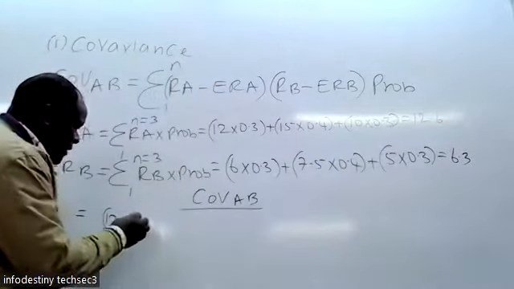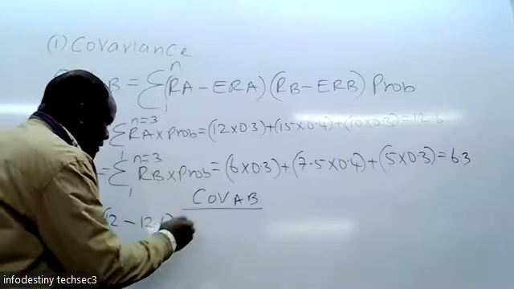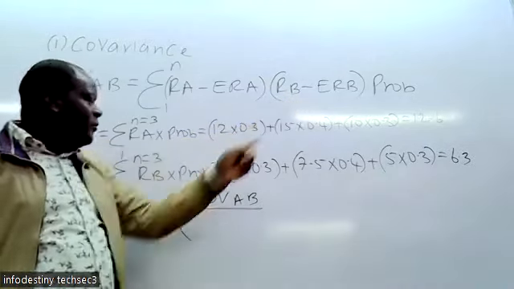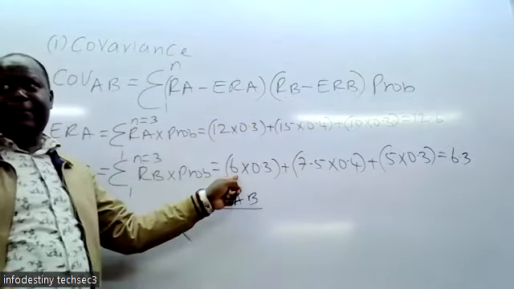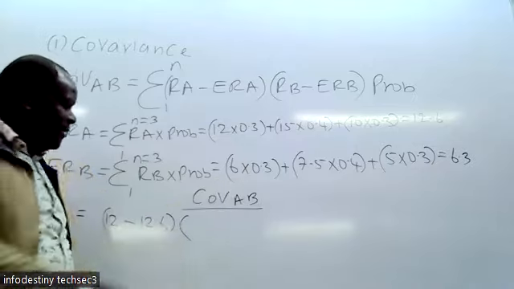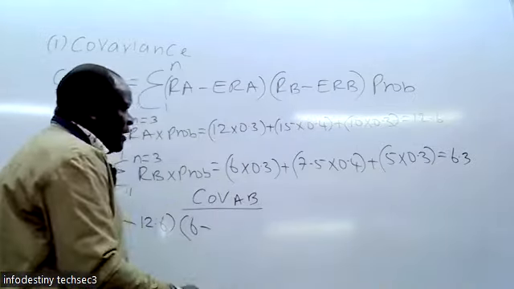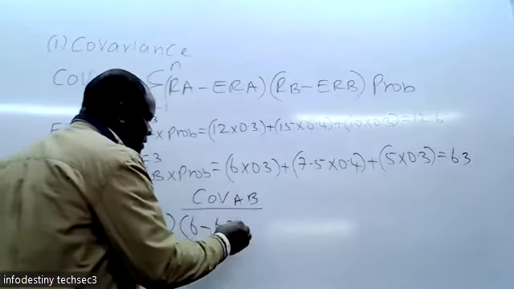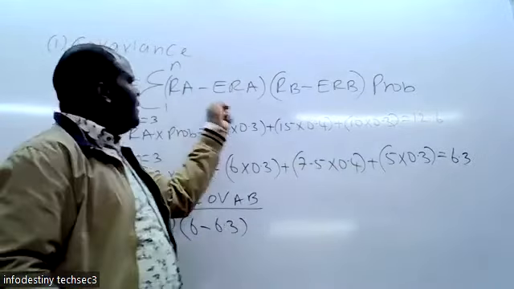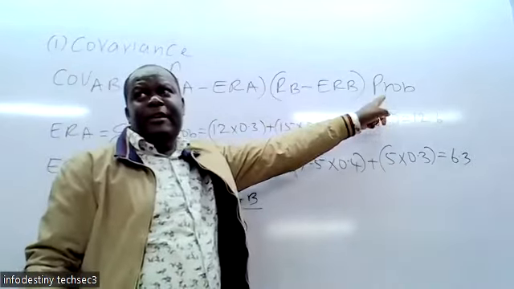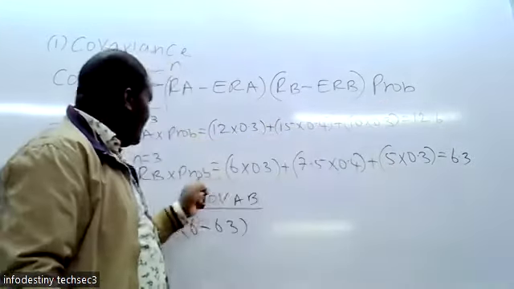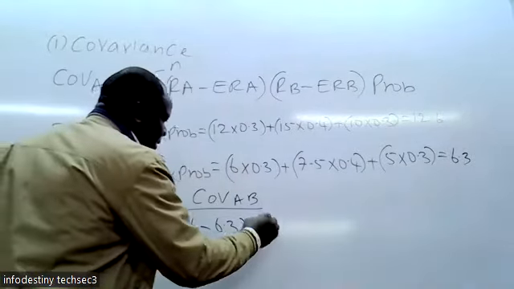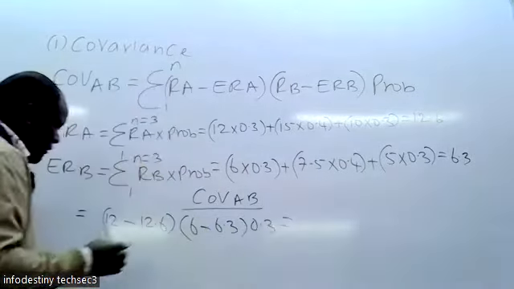Then the return for B: I start with the first return for B, which is 6, and subtract the expected return for B, which is 6.3. Then you also multiply by the probability. The first probability is 0.3. That's now the first one.